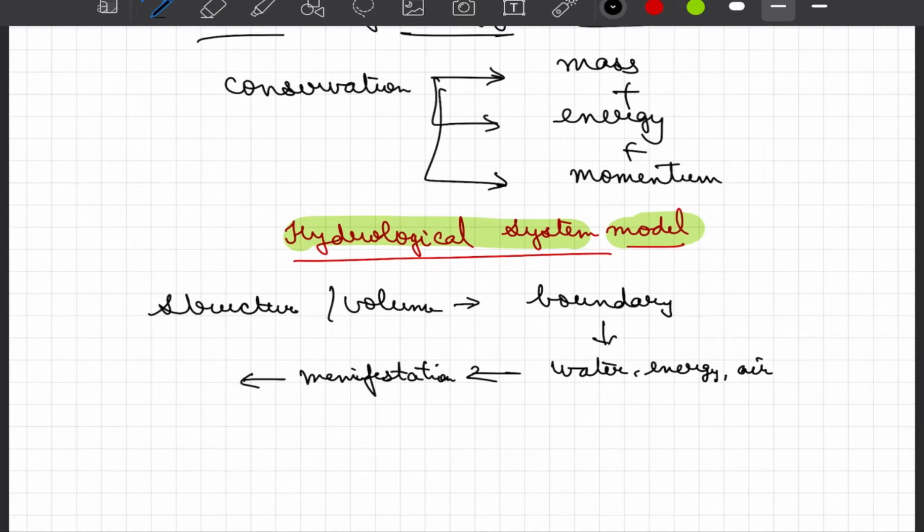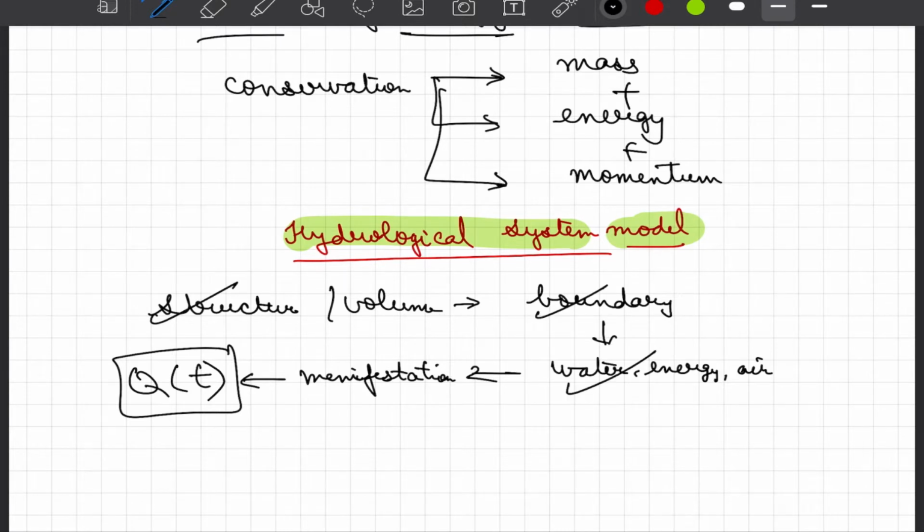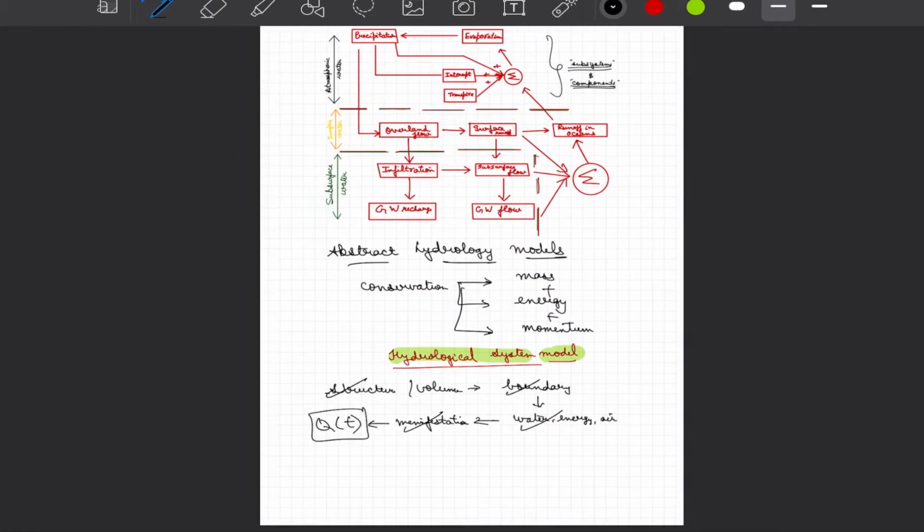And after this manifestation has happened, we will have some output, which would be, let us say, discharge. And this entire assembly of components, that is structure, boundary, inflows, and manifestation, is called the hydrological system.